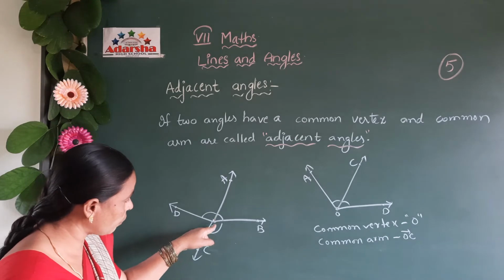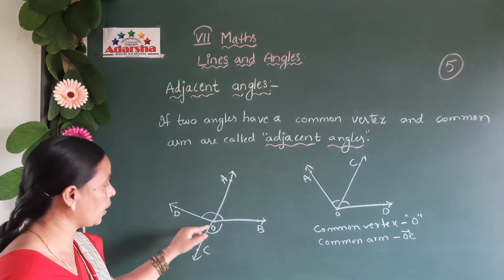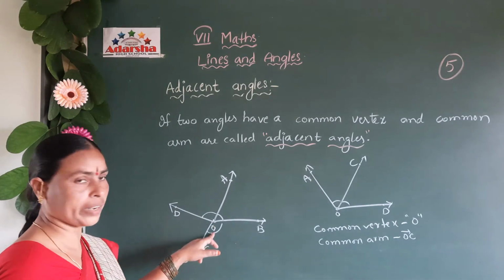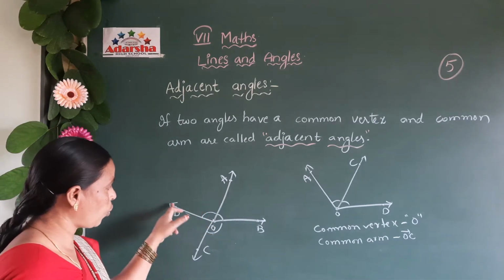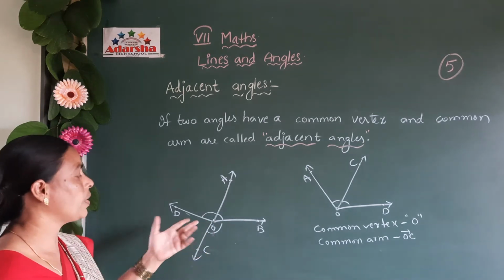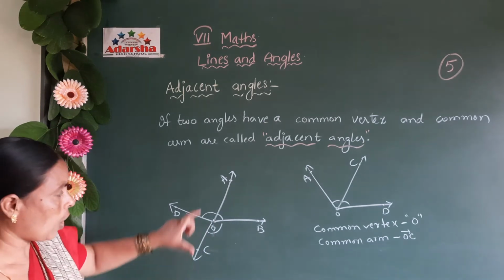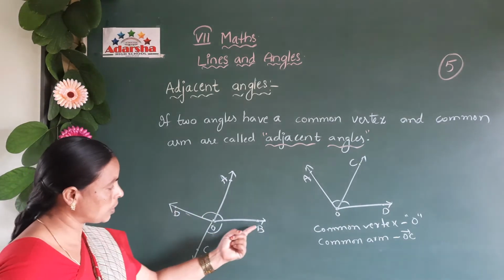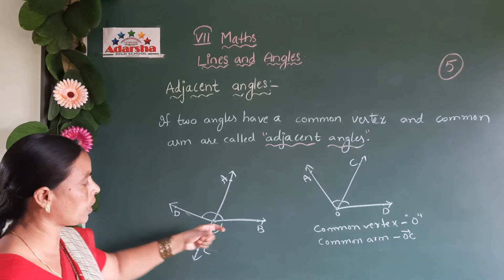They have the common vertex O. In angle AOD, O is the vertex, and in angle BOC, O is the vertex. So these two angles, AOD and BOC, have the common vertex, but they have no common arm. The arms of angle AOD are OA and OD. The arms of angle BOC are OC and OD.